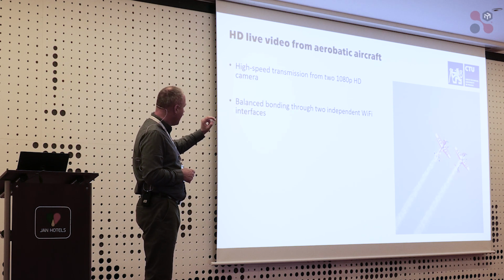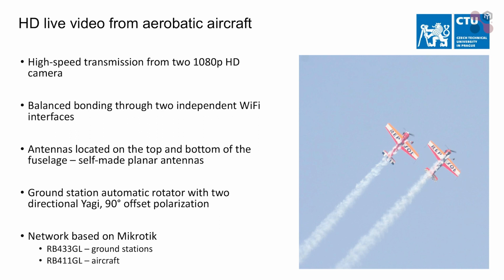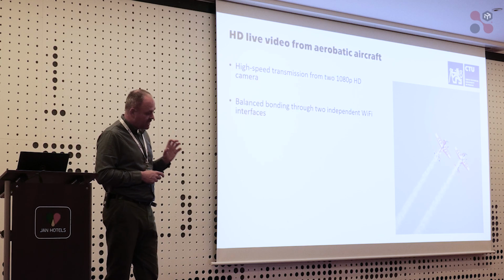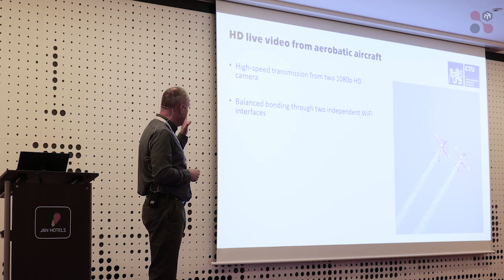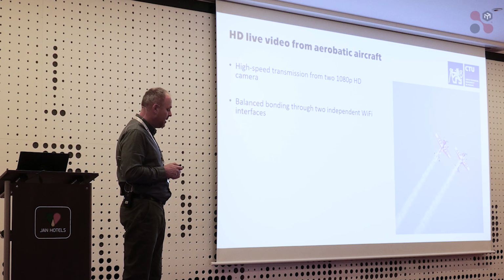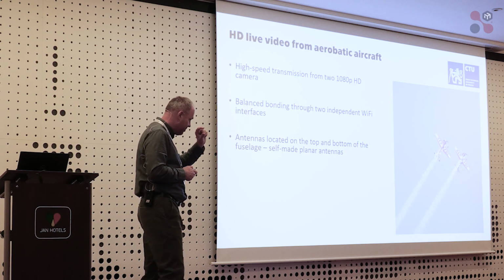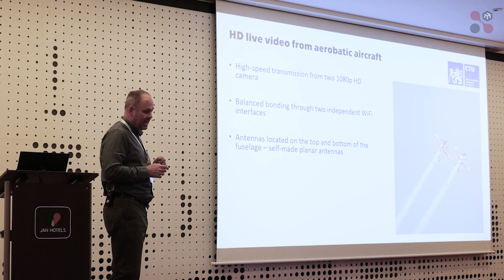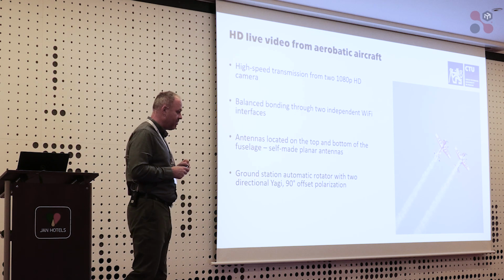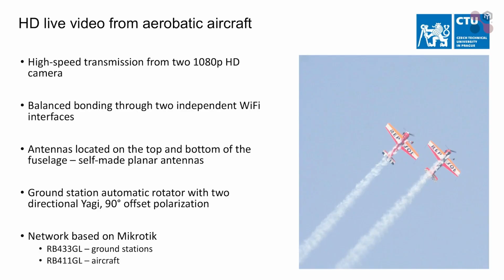We had cameras connected through a single Mikrotik on board with two Wi-Fi interfaces. Not exactly the standard Wi-Fi protocol, I have to say, but bonded through balanced bonding, with one antenna on the top and one on the bottom of the plane, with slightly self-made planar antennas, as I'll show you in the pictures. And a very funny-looking ground station, with a later automatic rotator, though the automation was first achieved by a very nice plastic handle.